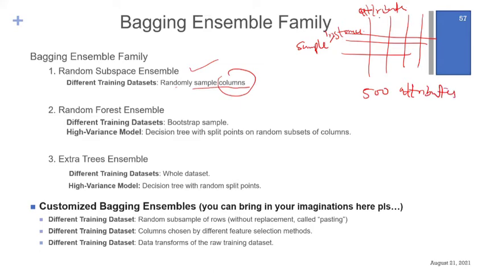I develop this kind of random subspace ensemble, so I randomly select attributes to be used for each of the base learners. I can select the first 1 to 10, another one 11 to 20, so that rather than resampling instances, as with the bootstrap we mentioned before, here we are resampling attributes. That is why we call it the random subspace ensemble.